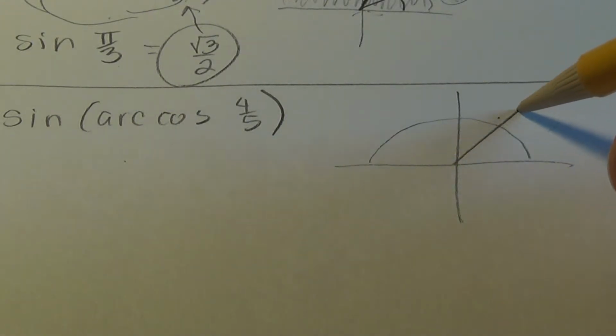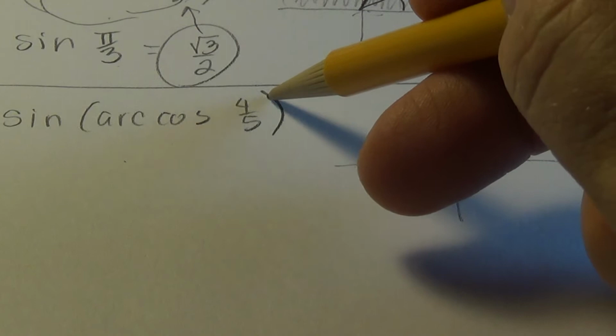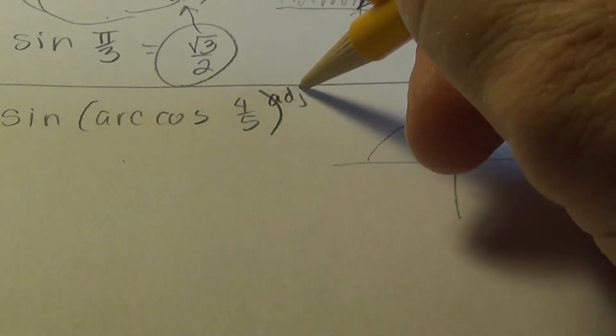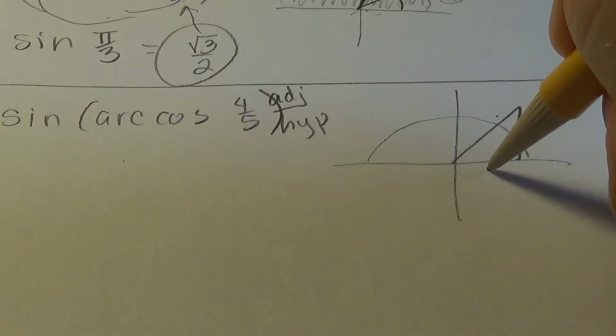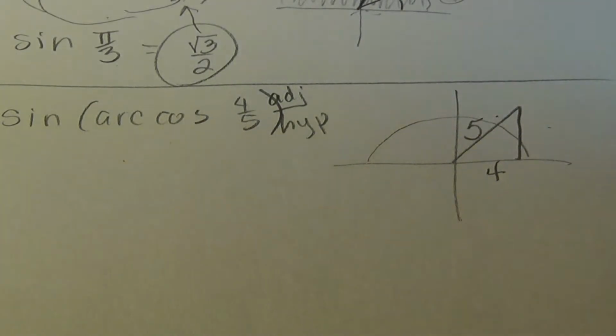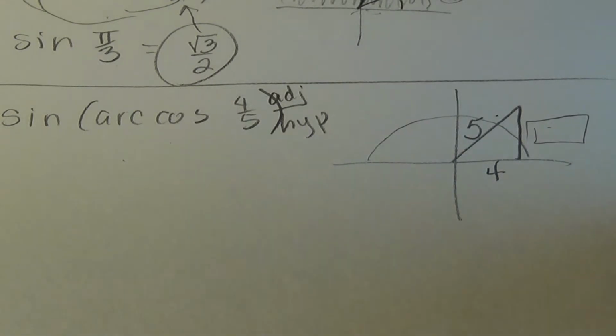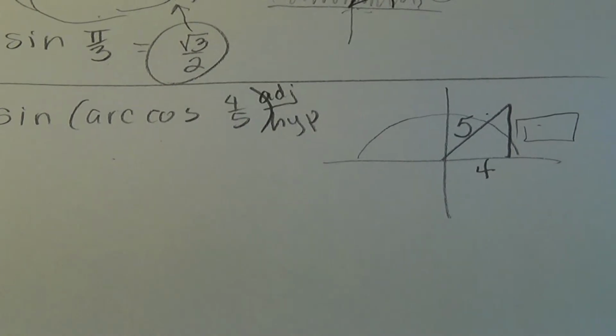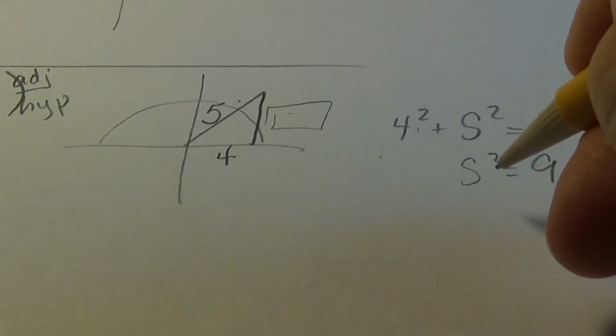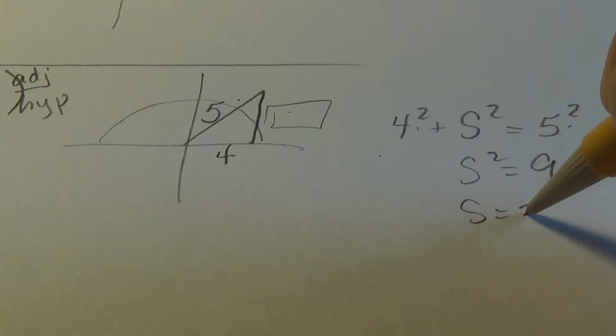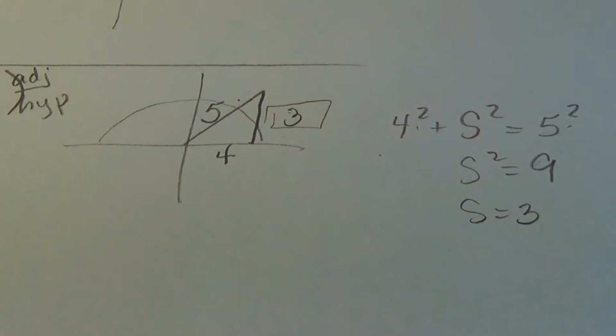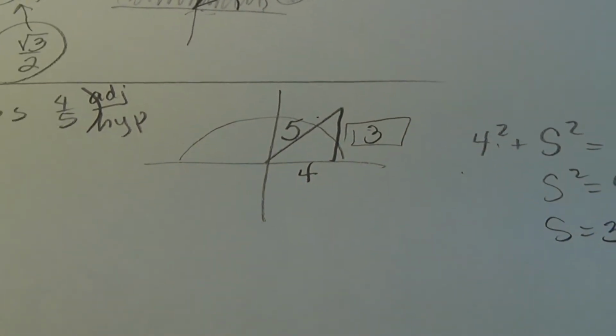I'll draw a triangle and call the adjacent side 4 and the hypotenuse 5. Now I can use Pythagorean to get the unknown: 4 squared plus s squared equals 5 squared, or s squared equals 25 minus 16, or 9, and the square root of that is 3.